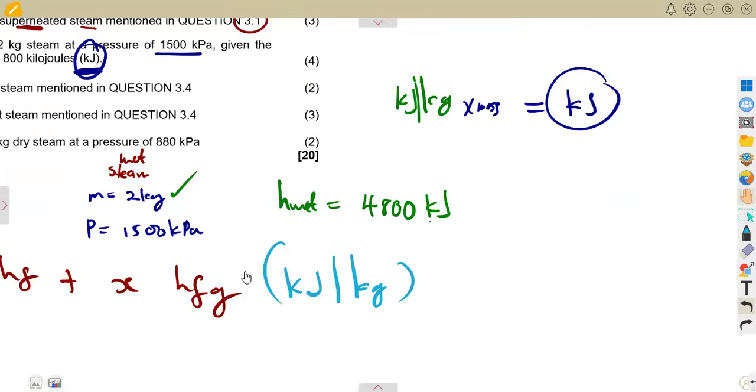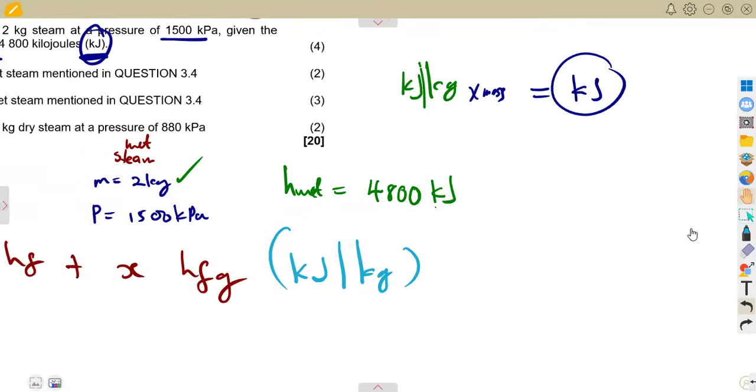How? Remember, to get this kilojoules, we multiply it by the mass. So to get back to the kilojoule per kilogram, we have to what? To divide. We multiply to get the kilojoules. Now we want the kilojoules per kilogram. We're going to divide.